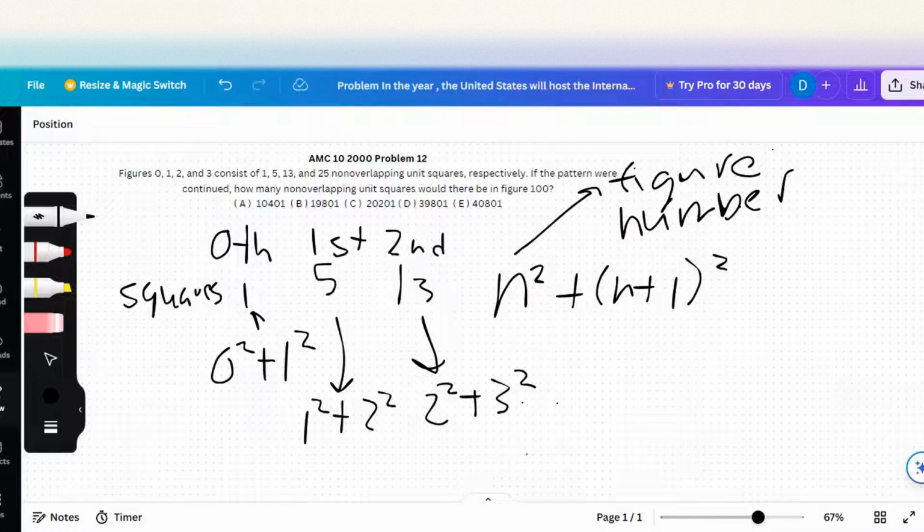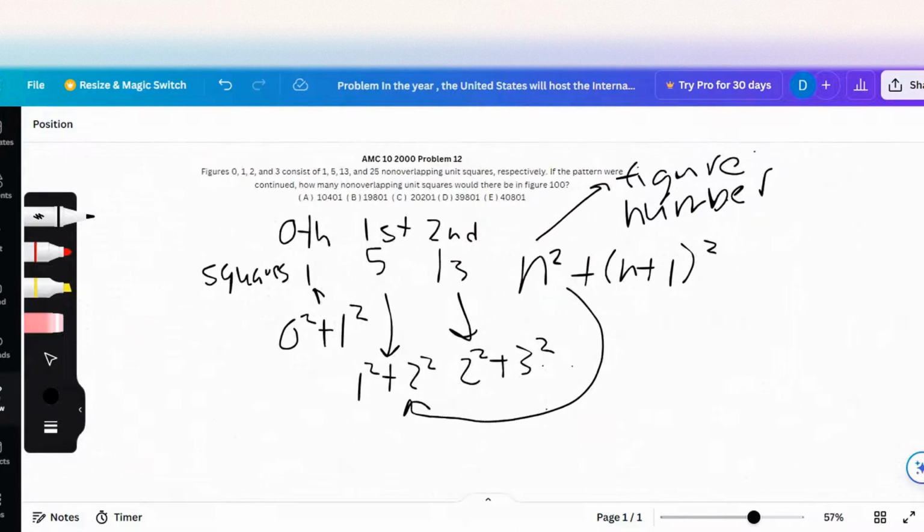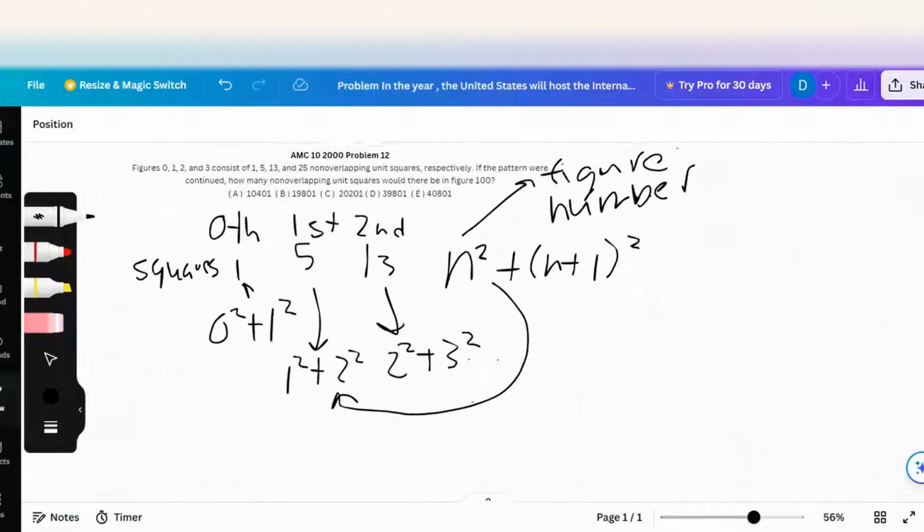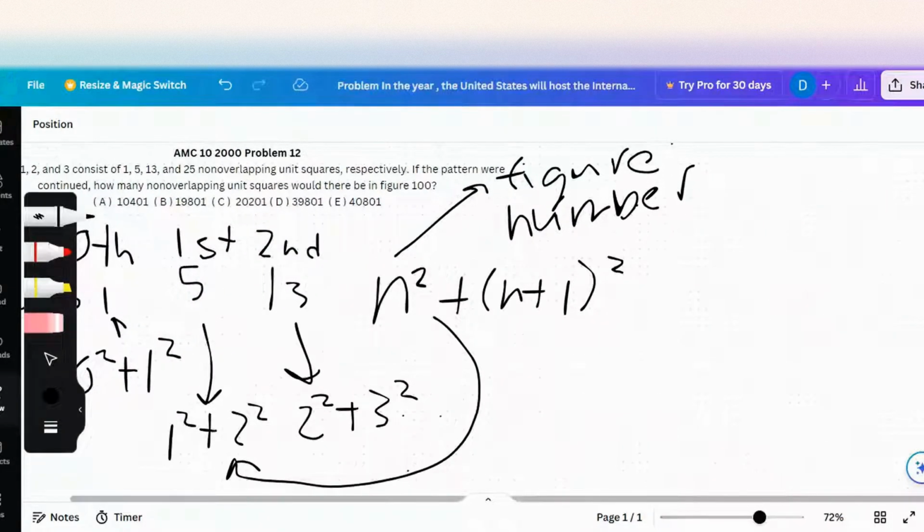So right here, the first figure, if you plug it into the formula, it's 1 squared plus 2 squared. And we see that it works because we have already tested that. We can test it also for the third term, just to make sure that this formula works.